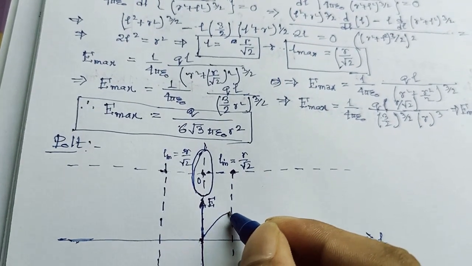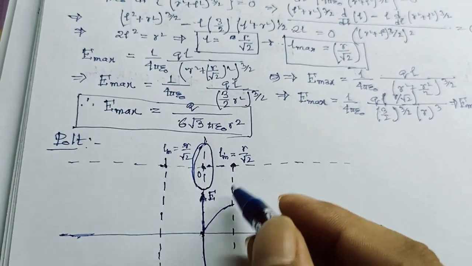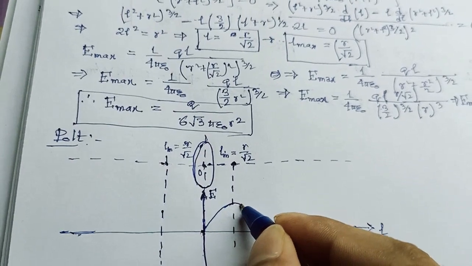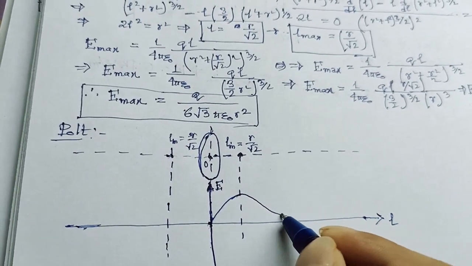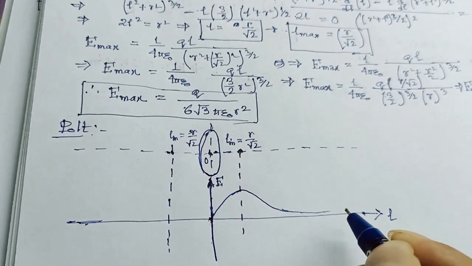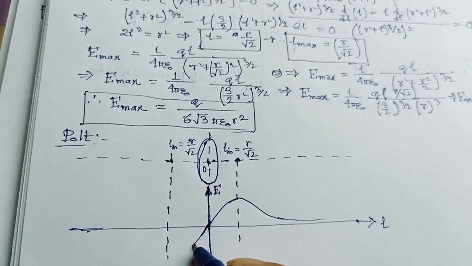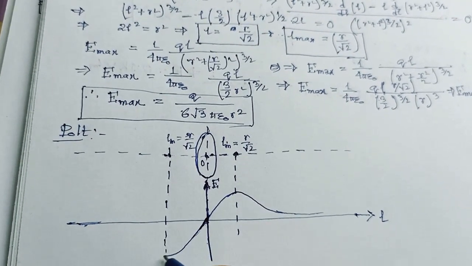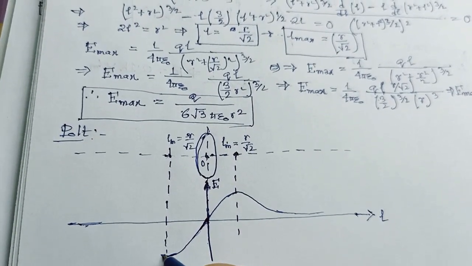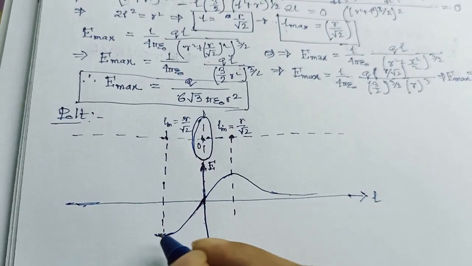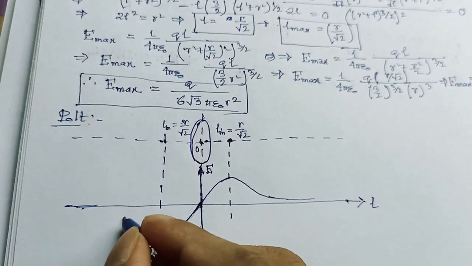Our maximum electric field will be at the point Lm equal to R divided by root 2, and after that it will gradually diminish like this. In the opposite direction, the maximum value of electric field will be at the same distance, Lm equal to R divided by root 2, and after that distance it will gradually decrease.